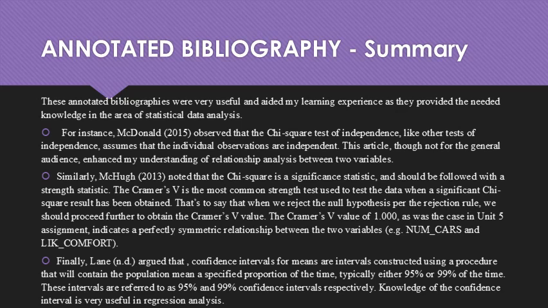Similarly, McHale 2013 noted that the chi-square is a significance statistic and should be followed with a strength statistic. The Kramer's V is the most common strength test used to test the data when a significant chi-square result has been obtained.